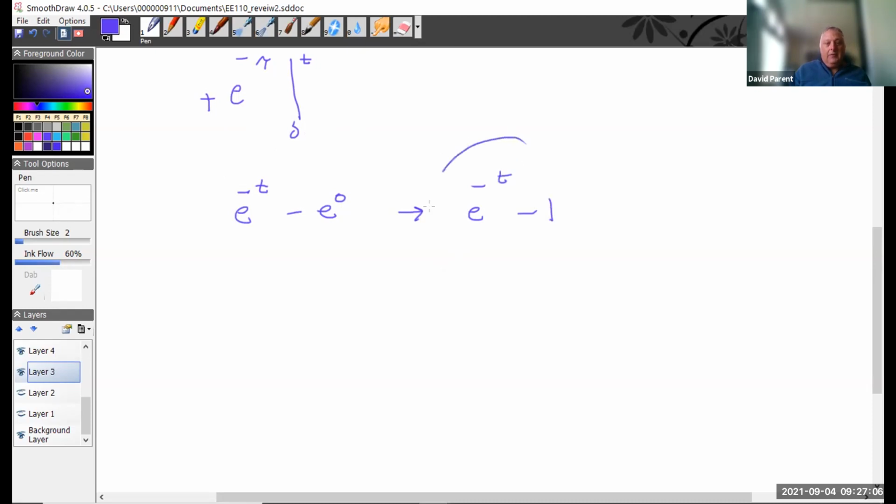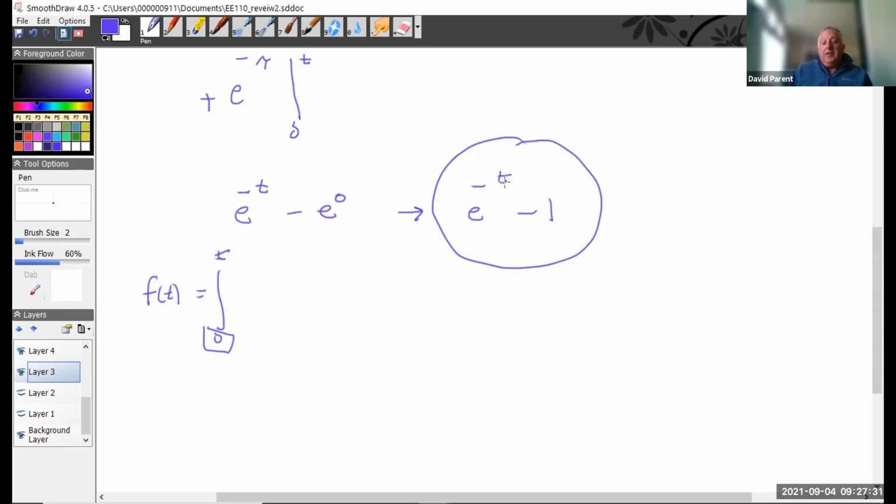Now, if you recall, the original equation started at 0. So the area has to be 0 before time equals 0.